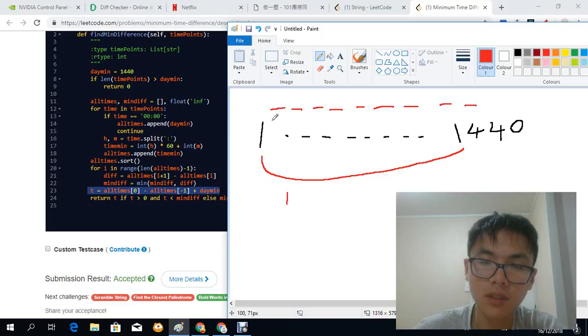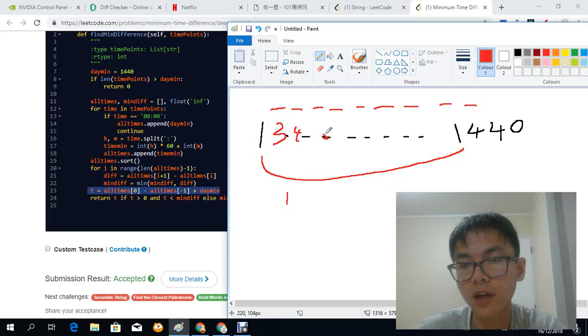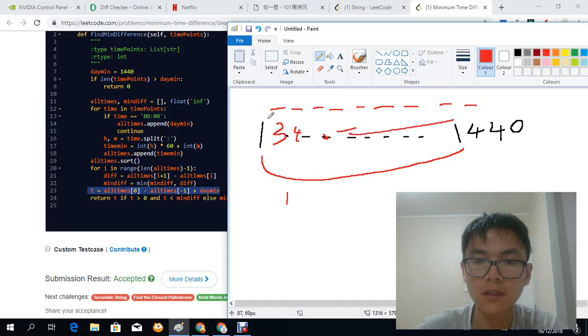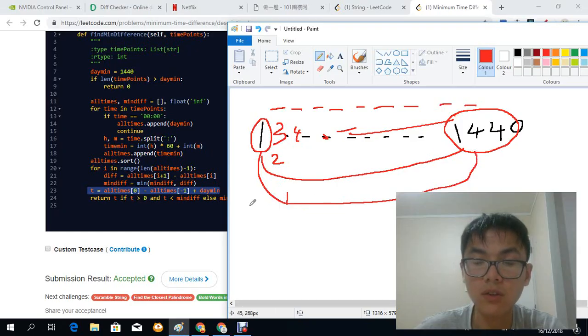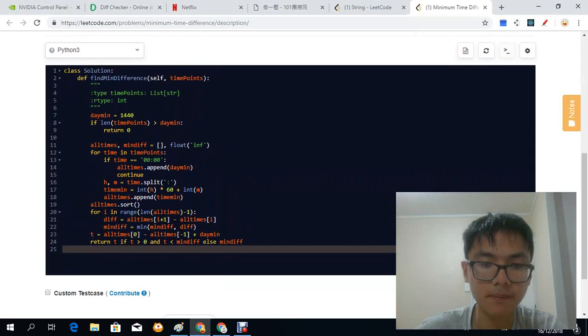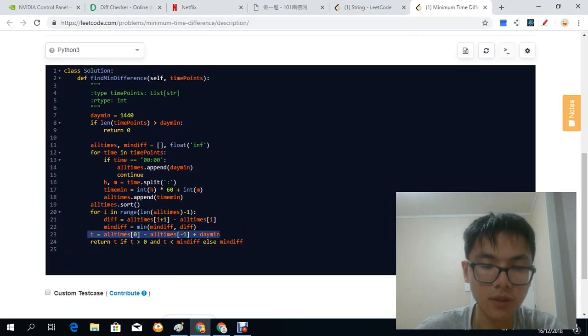For example, the second number, we get like 3 and 4, 5, you name it. Then we will get the minimum numbers too, but the truth is the difference between the smallest number and the biggest number is our minimum difference. Therefore, we have to consider this.